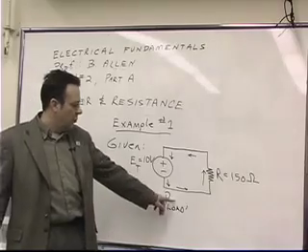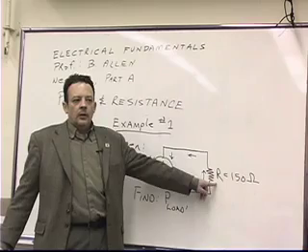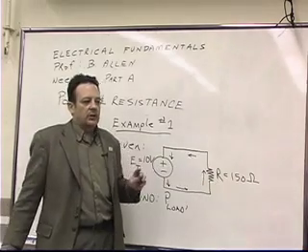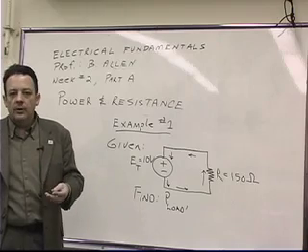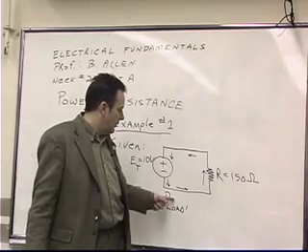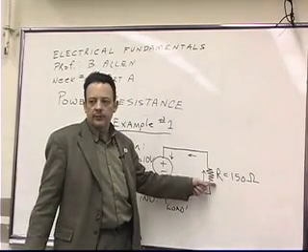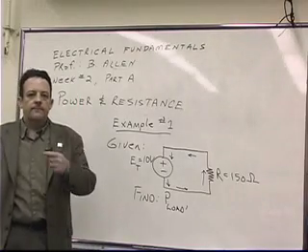So we want to find out how many watts are dissipated in this load. Now that's going to do several things for us. Number one, it's going to tell us how much money it's going to cost us to run this load. Can anybody think of another thing that that's going to do for us if we know what the power rating on this load is? Yeah.